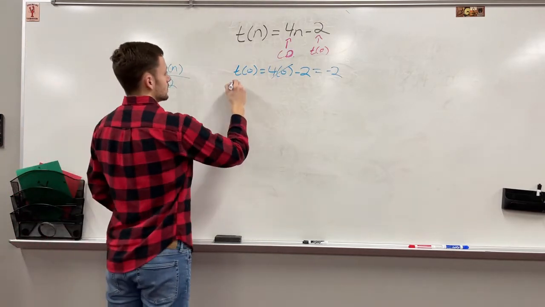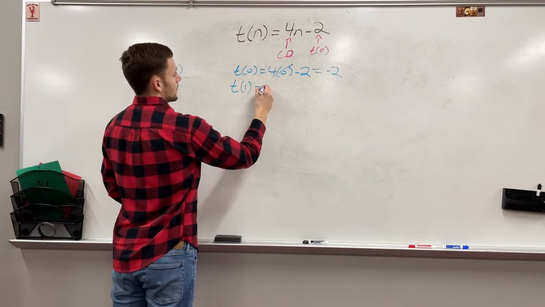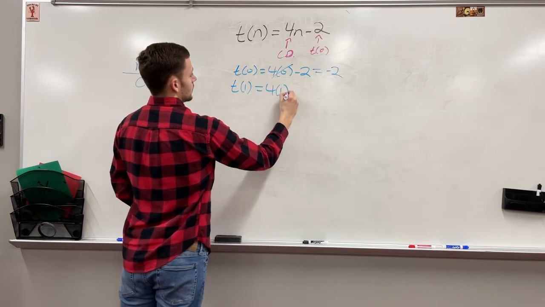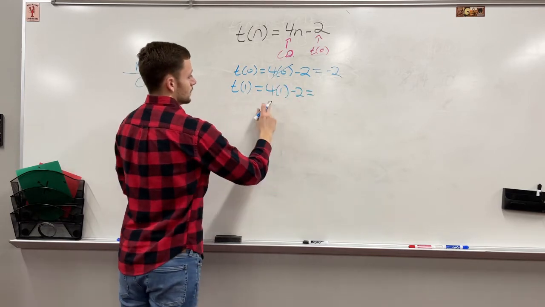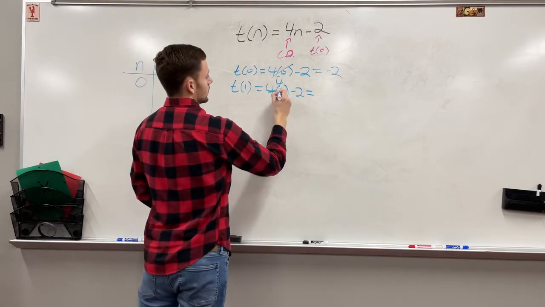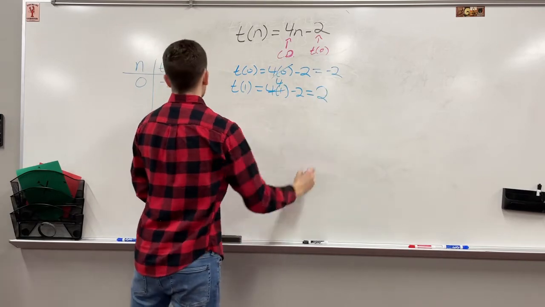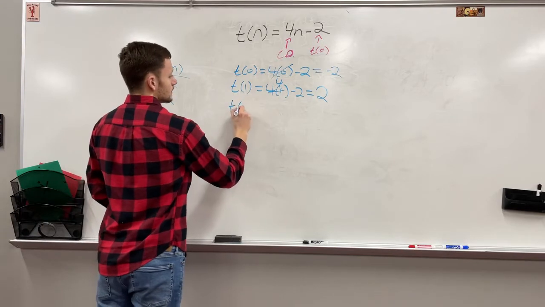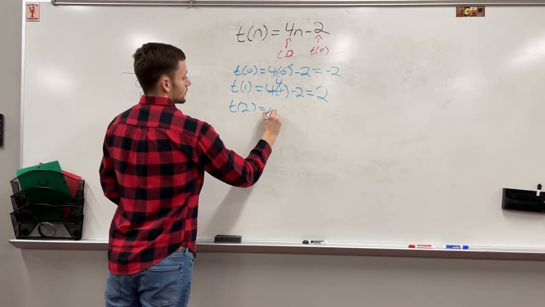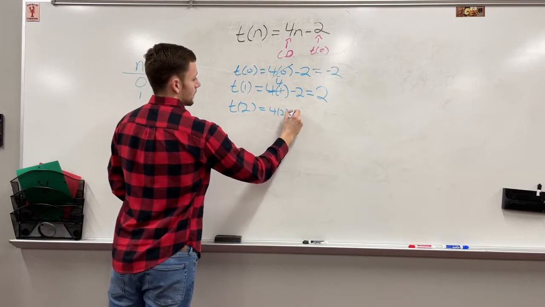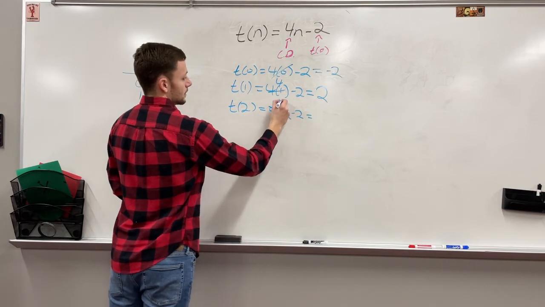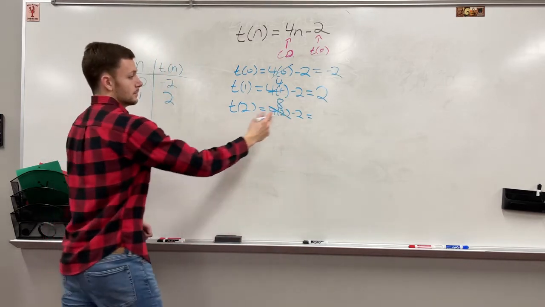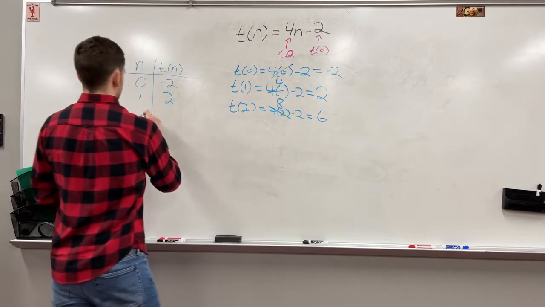And if I want to find t of 1, then I do 4 times 1 minus 2. 4 times 1 is 4. 4 minus 2 is positive 2. t of 2 equals 4 times 2 minus 2. 4 times 2 is 8. 8 minus 2 gives me 6.